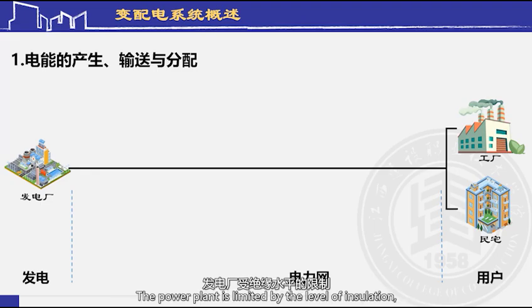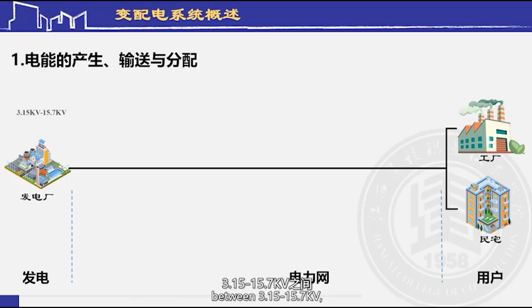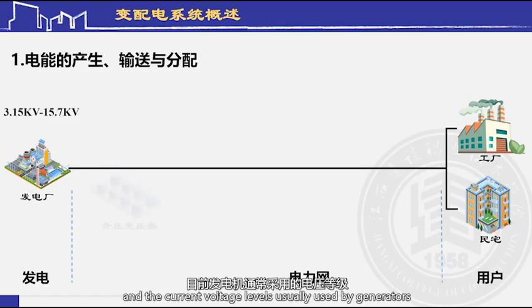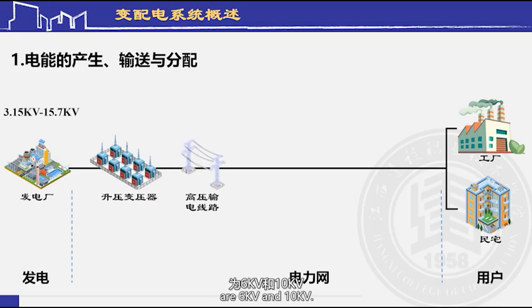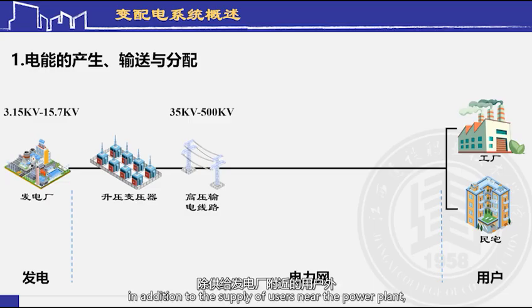The power plant is limited by the level of insulation, and the voltage emitted cannot be too high. Between 13.8 and 15.75 kilovolts, and the current voltage levels usually used by generators are 6 kilovolts and 10 kilovolts.